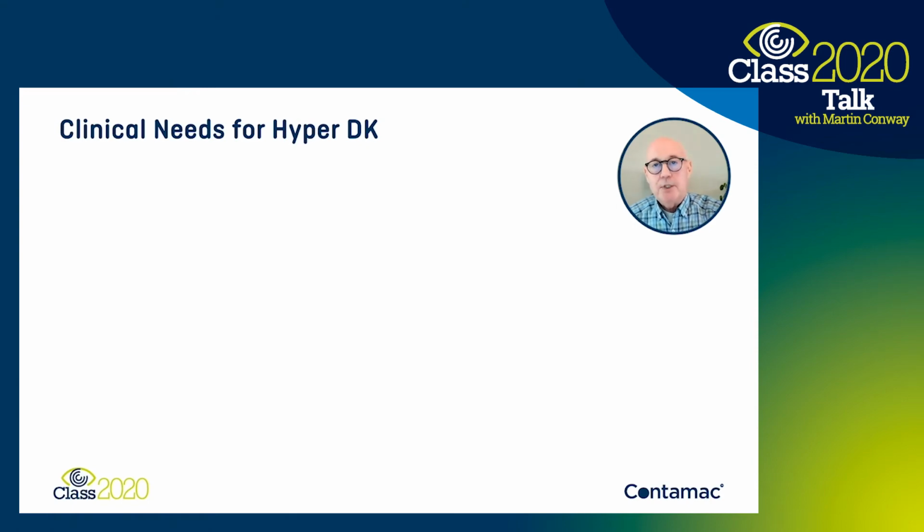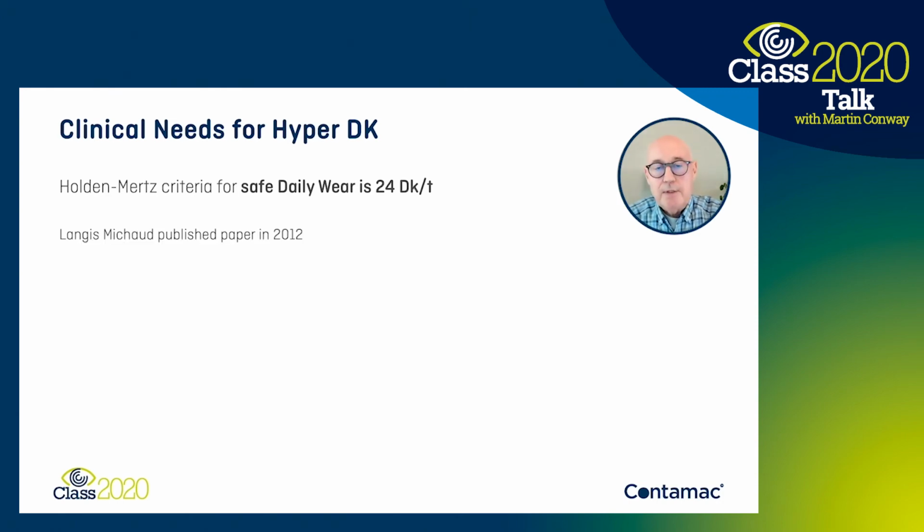So we've established there is a need, but how much oxygen do we need to get through? We've already established that for daily wear, we need a Dk/t of 24. That was established some time ago by the Holden-Mertz paper published in 1982. But in 2012, Lonergan Michaud, a well-known Canadian researcher, foresaw this difficulty coming in the use of scleral lenses.